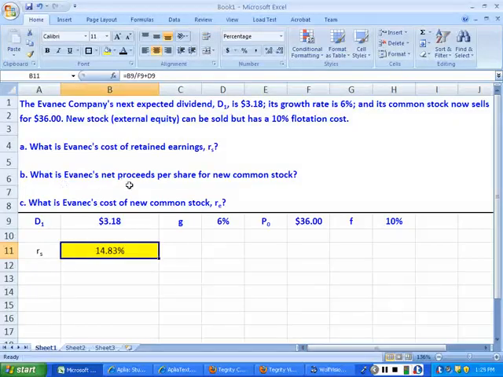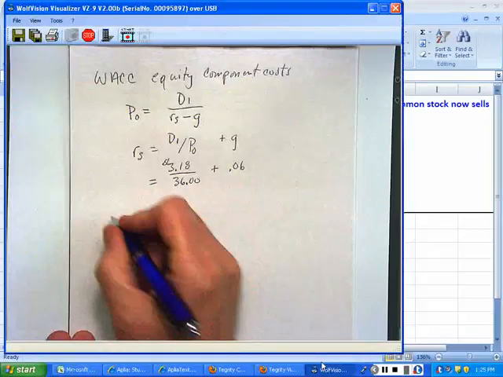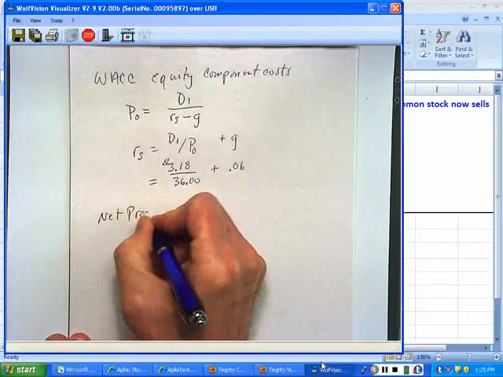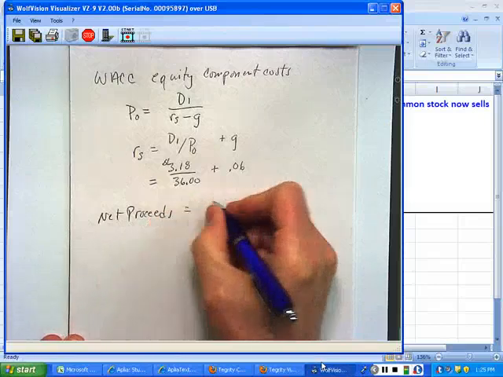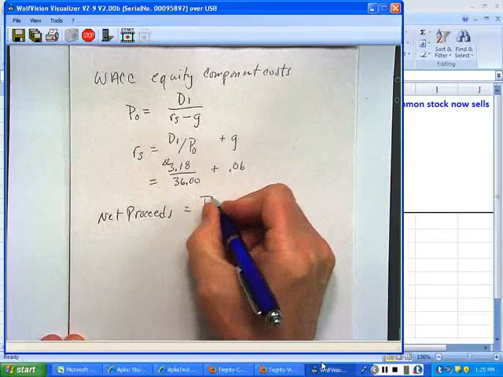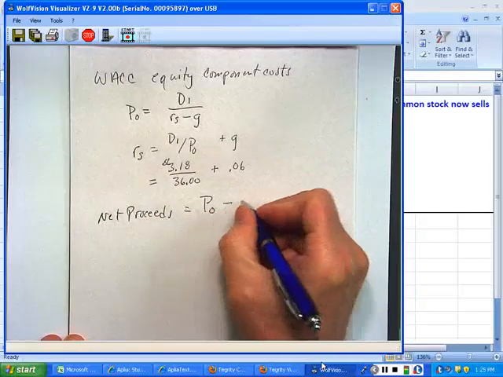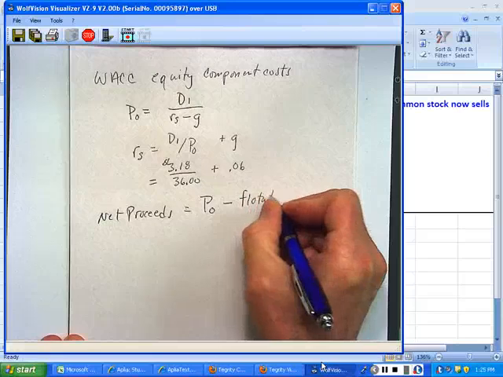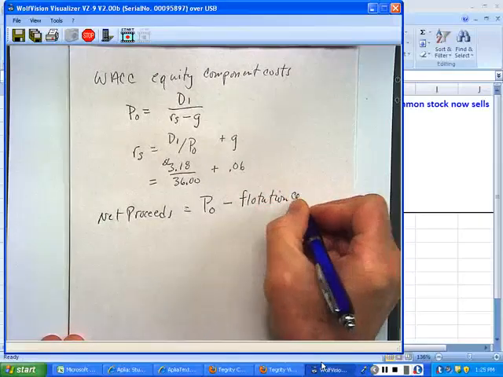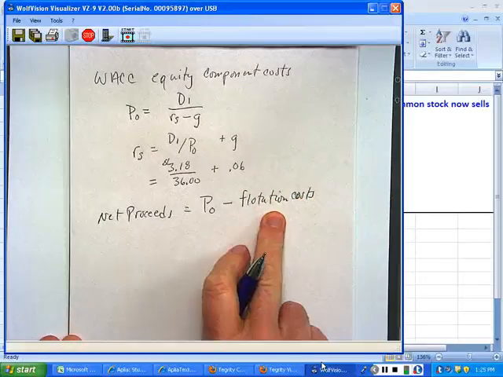Now, the second question is asking us for what we have in terms of the net proceeds. So we do want to take a look at what we mean by the net proceeds. We have the price, but we want to subtract off our flotation costs, since that's what we're going to pay to the investment banker.